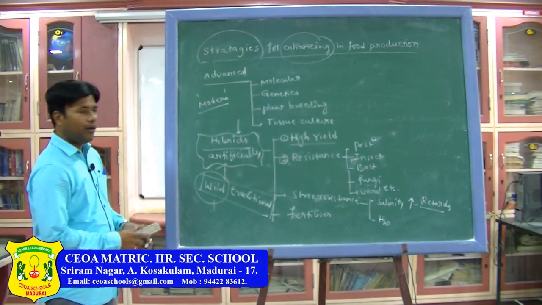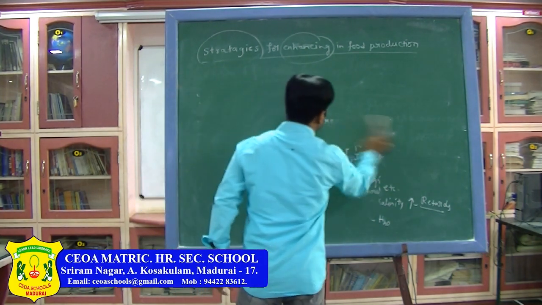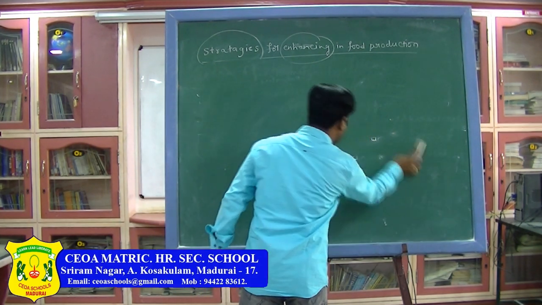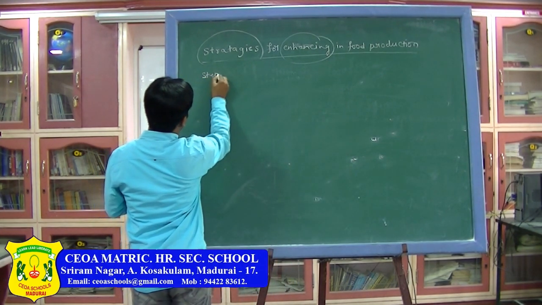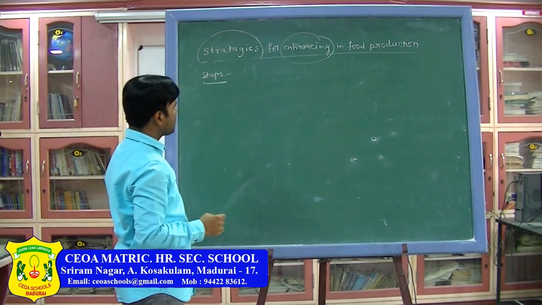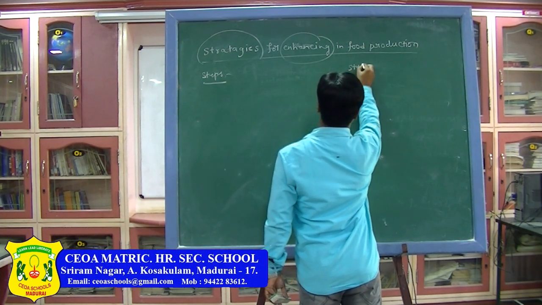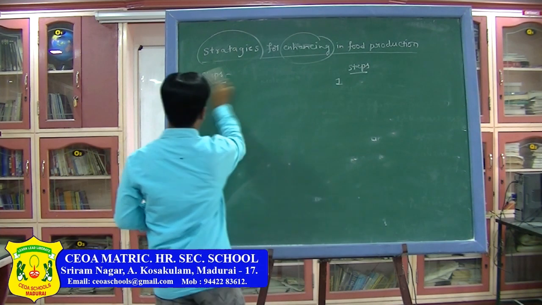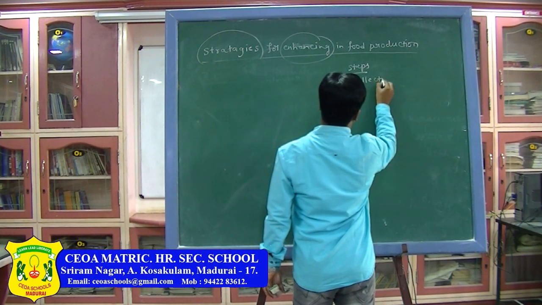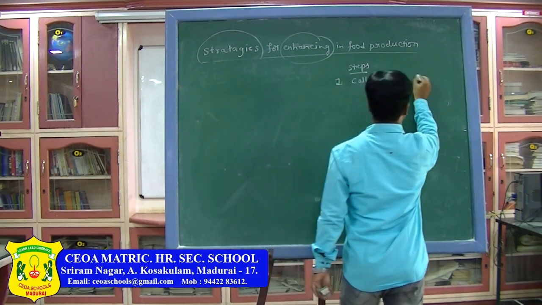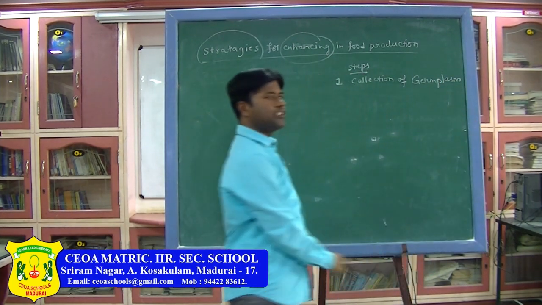Now let us see what steps are involved in the strategies for food enhancement. Let me write the steps here. First step is collection of germplasm.